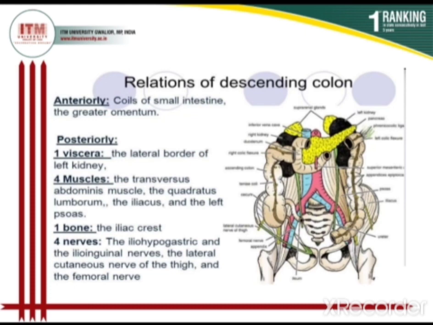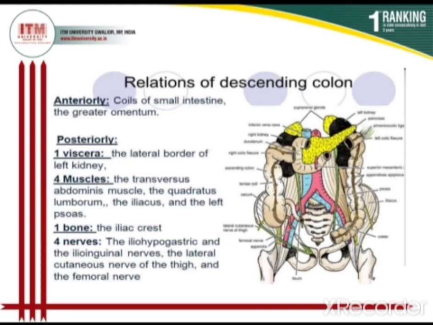You can see they've shown all these in the picture. Anteriorly, the coils of the small intestine and the greater omentum, and posteriorly the viscera, the lateral border of the left kidney. The muscles are the transversus abdominis, the quadratus lumborum, the iliacus, and the left psoas. The bone is the iliac crest.